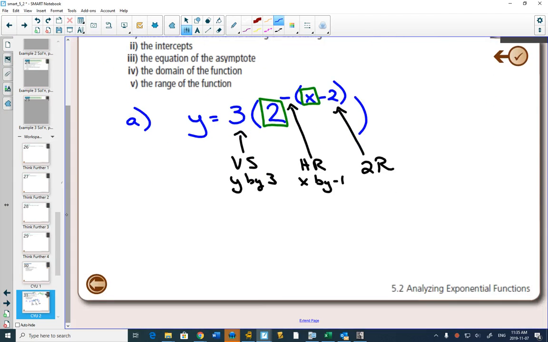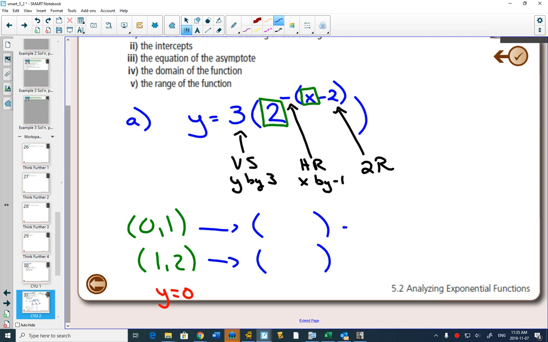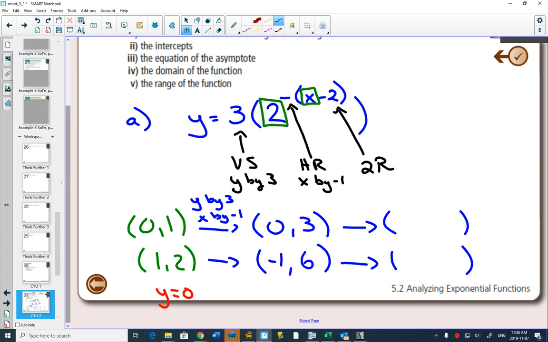So look at our original points. Our original points on our graph, we had (0, 1), (1, 2), and an asymptote at y equals 0. Draw your transformations. First of all, stretches and compressions: we're going to multiply y by 3 and x by negative 1. So this is going to become (0, 3), and this is going to become (negative 1, 6).